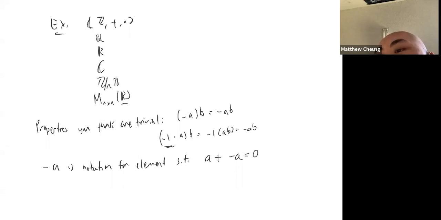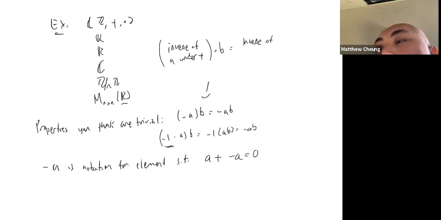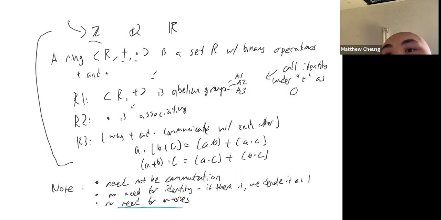So that's what it is. So really what you're trying to prove is that the inverse of a under plus, times b, is the inverse of ab under plus. Because this I know just from here, right?